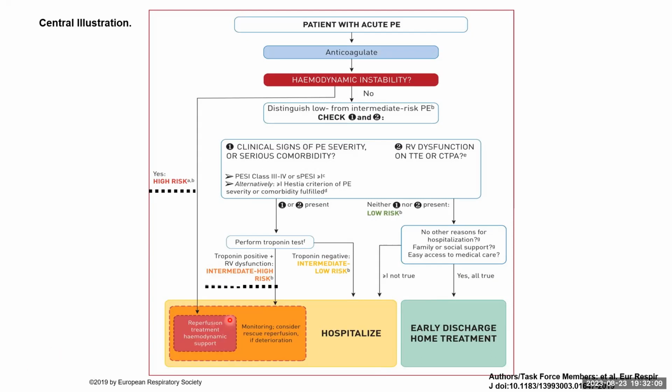If intermediate high risk, then monitor, and consider rescue reperfusion if deterioration. If intermediate low risk, you have to hospitalize and again continue to monitor. Generally, these patients do not deteriorate. And if low risk, then no other feature is present, you can consider early discharge and home treatment.